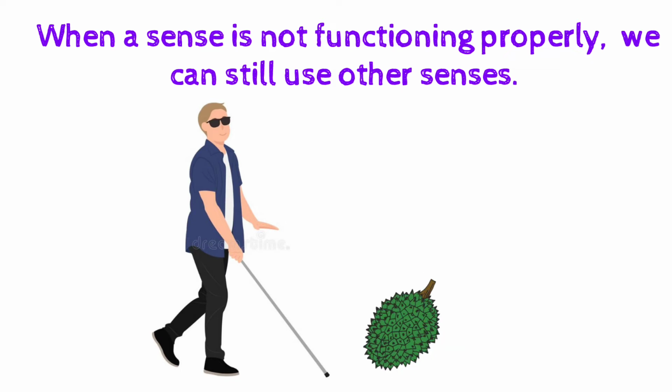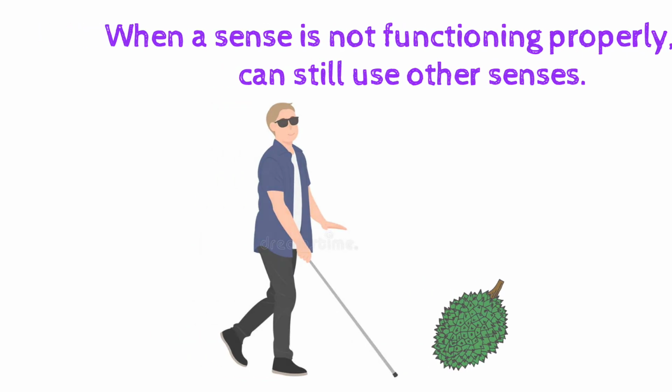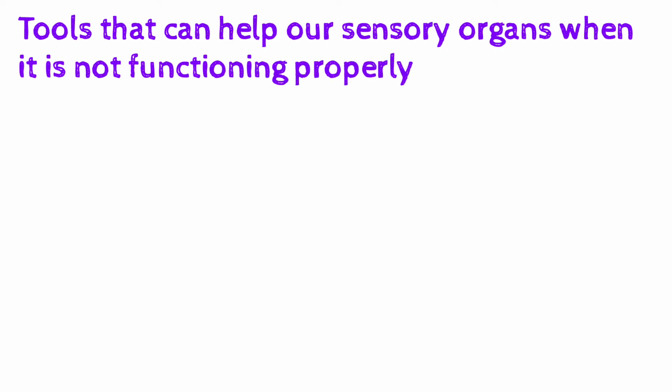Yes, he can use his sense of smell to smell the durian, but he can't use his sense of sight, okay, because he is blind. And then sense of hearing also he can't use because durian did not produce any sound. Okay, so he can use his 3 senses to taste, to smell, and to touch the durian.